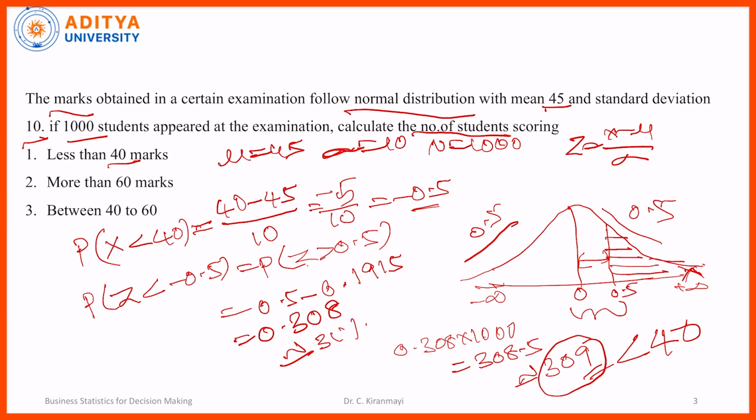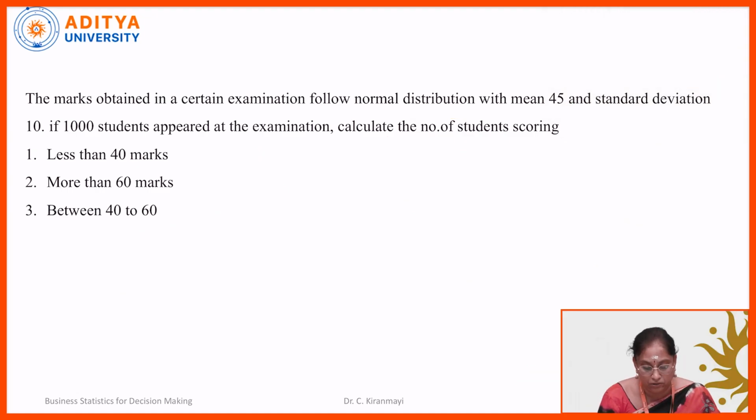So, this is how we can make use of normal distribution to identify, to predict or to model the values. And likewise, coming to the second case, we are asked to find out how many students have scored more than 60.